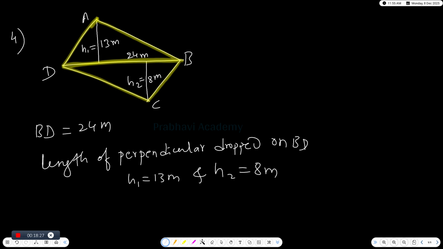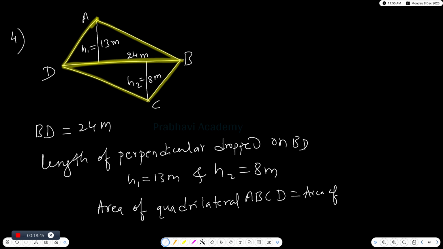So area of quadrilateral ABCD is equal to area of triangle ADB plus area of triangle BDC. Now area of triangle formula, you know, half into base into height.